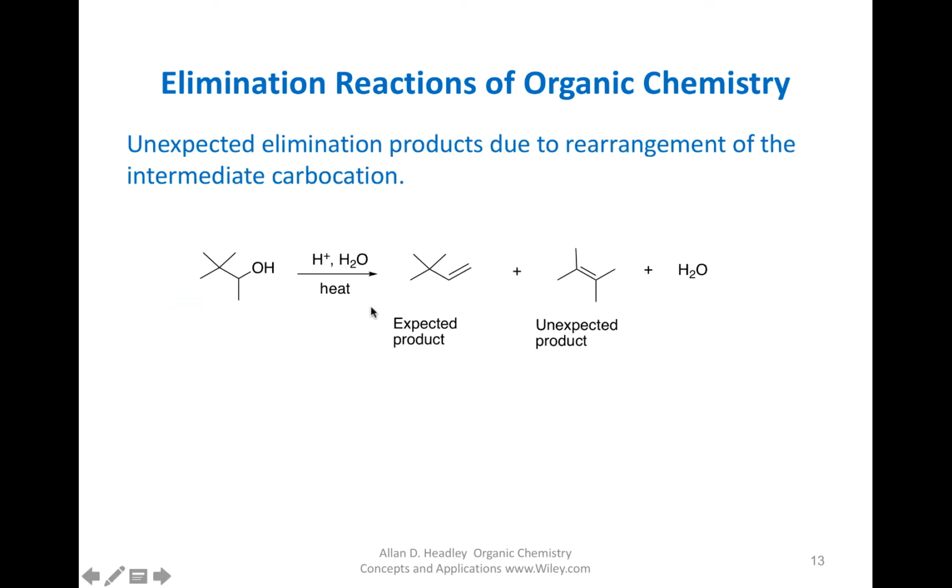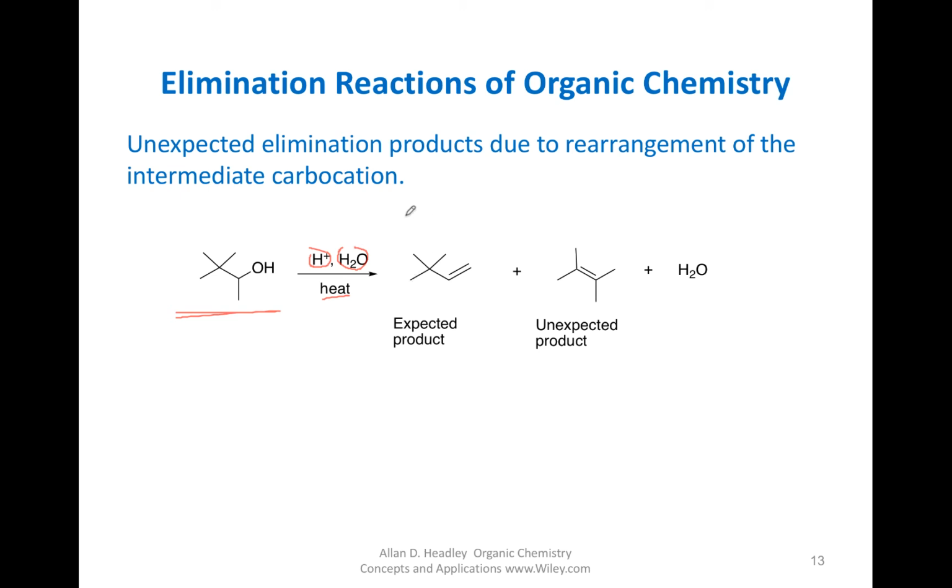Let us look at another observation that we can use the mechanism to explain. So let's look at this molecule here. It's an alcohol. Here's the OH. And here's an acid in the presence of heat, and here's water as our solvent.